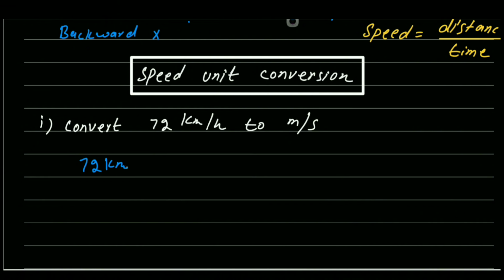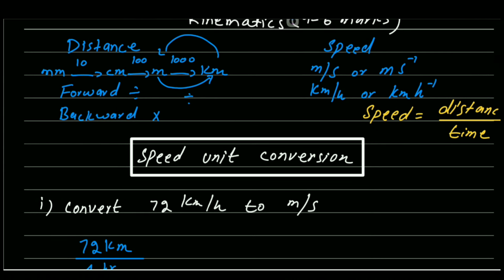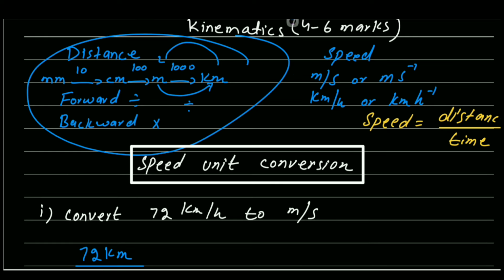72 kilometer, and per hour will be written as 1 hour. So we have to convert kilometer into meter. For converting kilometer into meter, we are going backward if you take help from this conversion method.